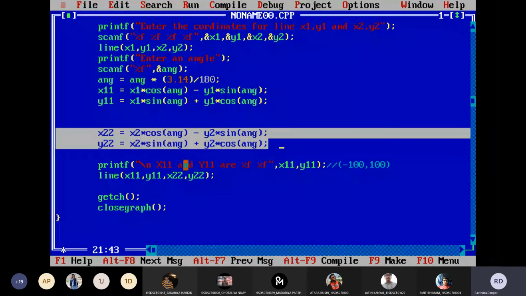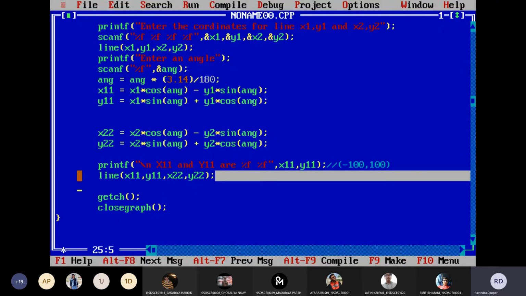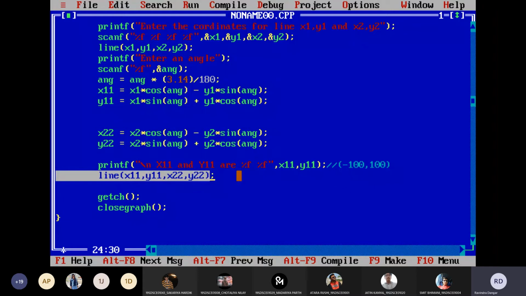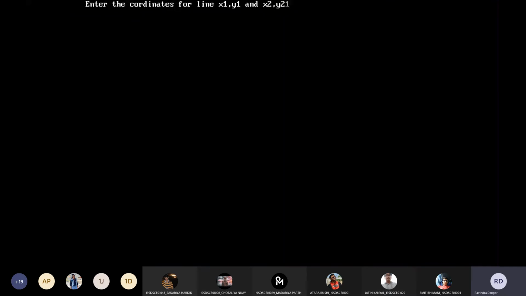So whatever line we are displaying here must be a line after rotation. Are you getting me? So let's run this file again, and let me give the coordinates 100, 100, 200, 200, and angle is 90.